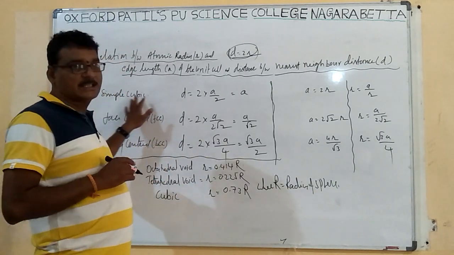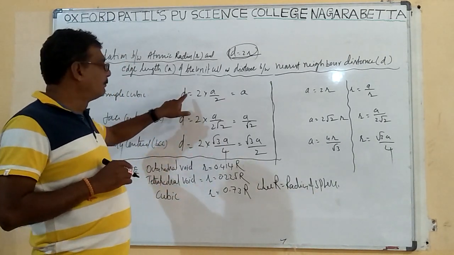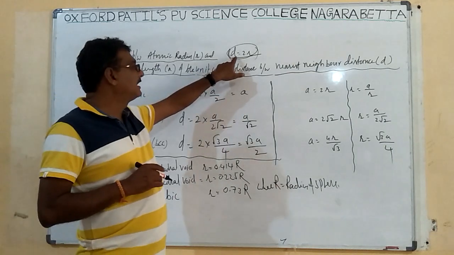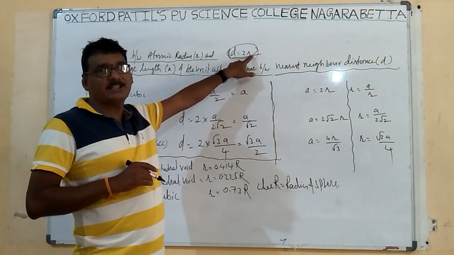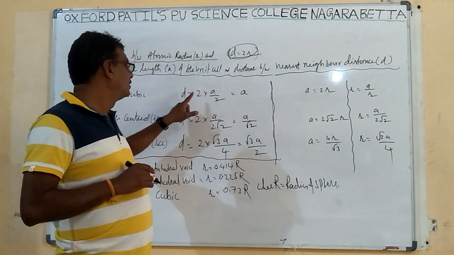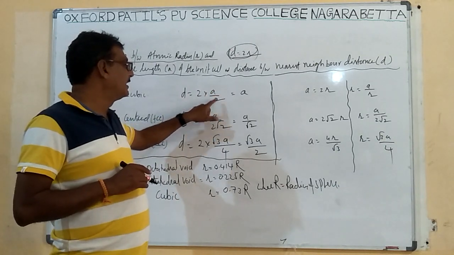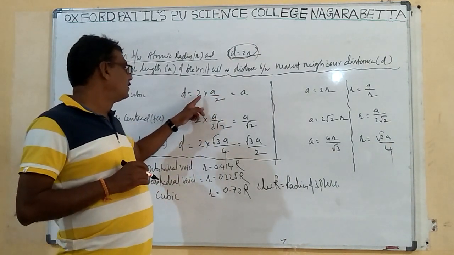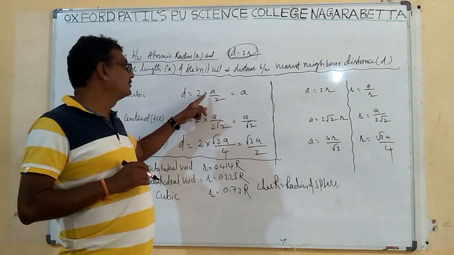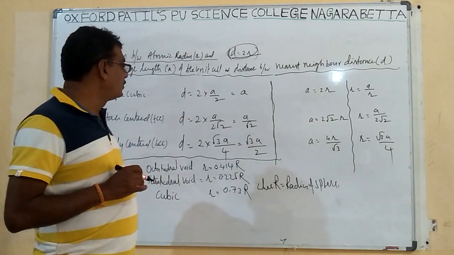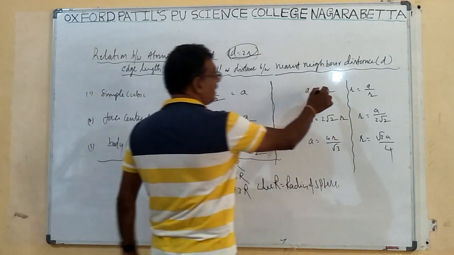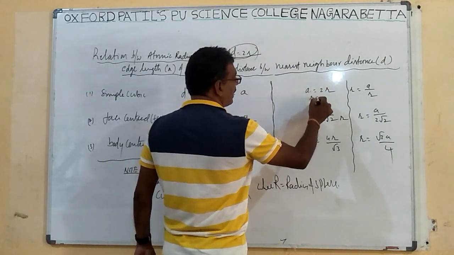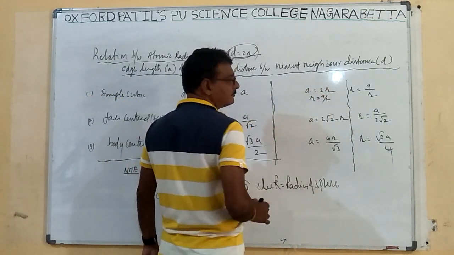First one I am taking as a simple cube. For a simple cube, d, the neighboring distance, is equal to 2 into radius, 2 into a by 2. Why? Because 2 into a by 2 means a is equal to 2r, so r is equal to a by 2.